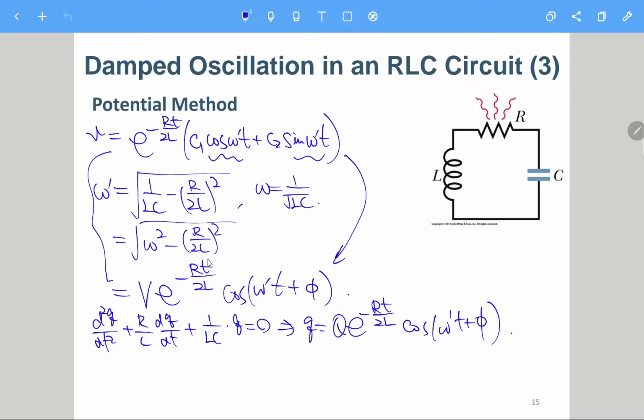This is reasonable, because originally there are no losses, something like there is no friction force. Then as we have some R, it is like there will be some friction force, so of course the oscillation frequency becomes lower, somehow slower because there is some loading. It makes the oscillation slower.